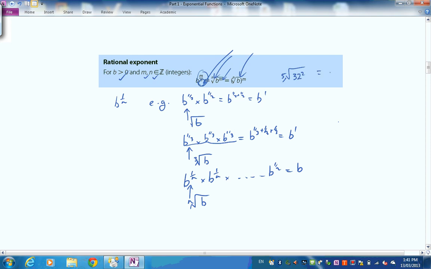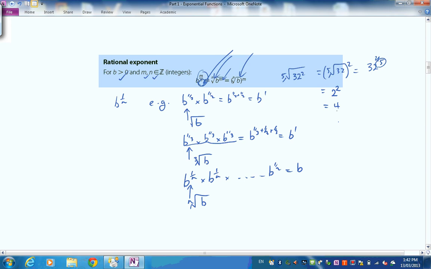Well, we would do the fifth root of 32 and then square it. We'd be saying overall our problem was 32 to the 2 on 5. And we do the fifth root first. And why would we do that? It reduces the size of the number. 2 to the fifth is 32. So the fifth root of 32 is 2. When we square it is 4.